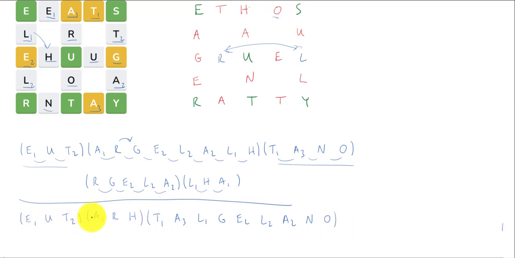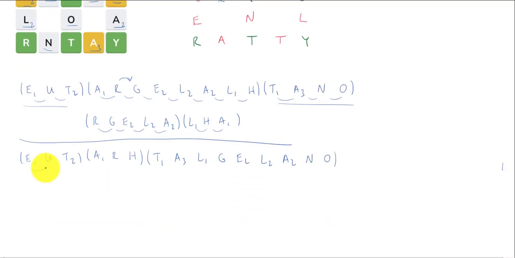So we have 1, 2, 3, 4, 5, 6, 7, 8, 9, 10, 11, 12, 13, 14, 15. That's everything. Now if we break this up naively, we get 2, 3, 4, 5, 6, 7, 8, 9, 10, 11, 12. That's too many. I don't want to break up the first two because there's no duplications.